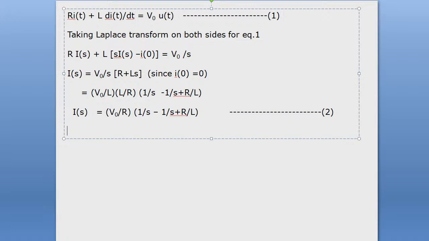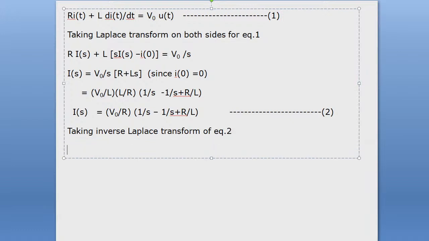So you just take the inverse Laplace transform of equation 2, and we will get I of t. The inverse Laplace transform of I of s is I of t.